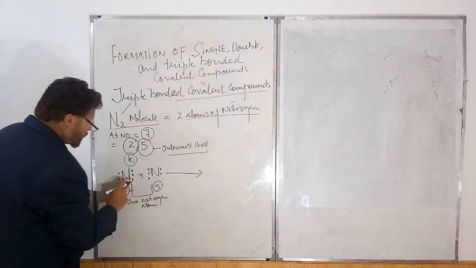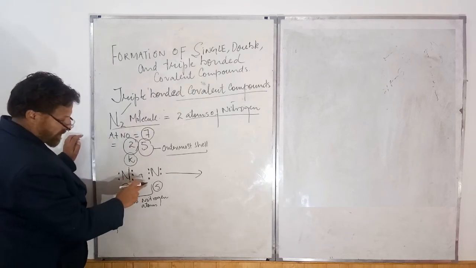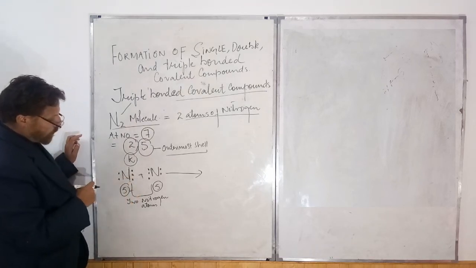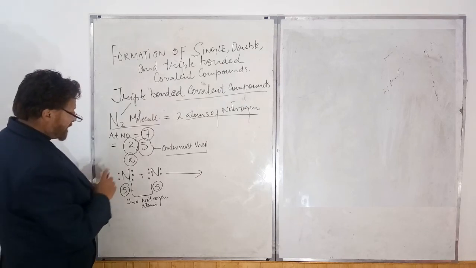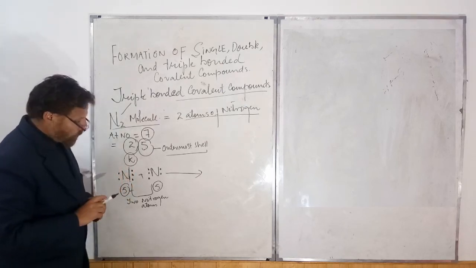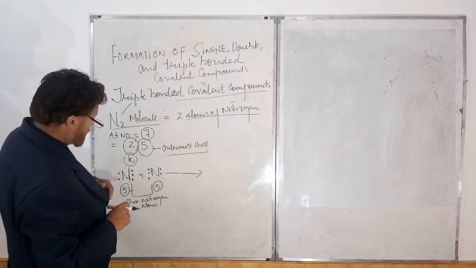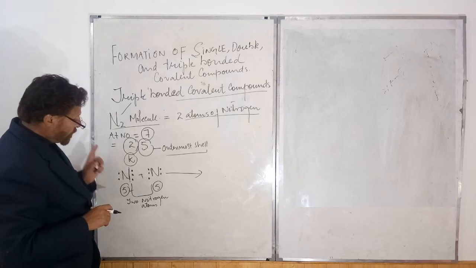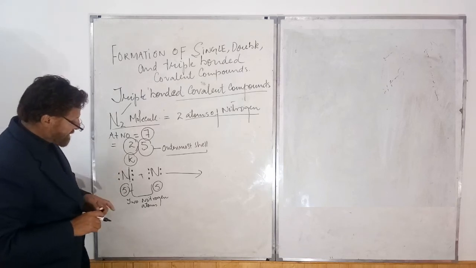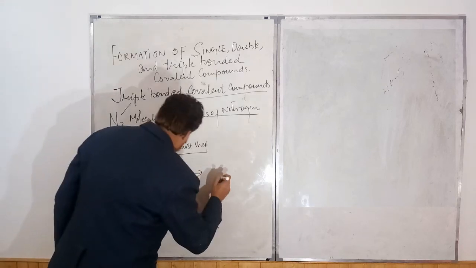When these 2 nitrogen atoms share with each other, they form the nitrogen molecule. They share 3 pairs of electrons each, so that they get stability.